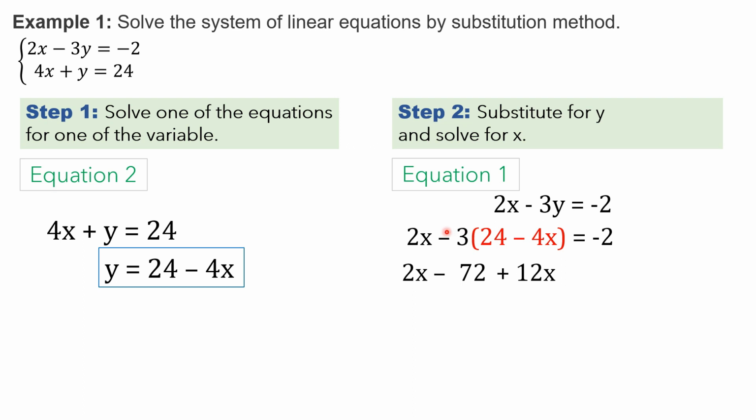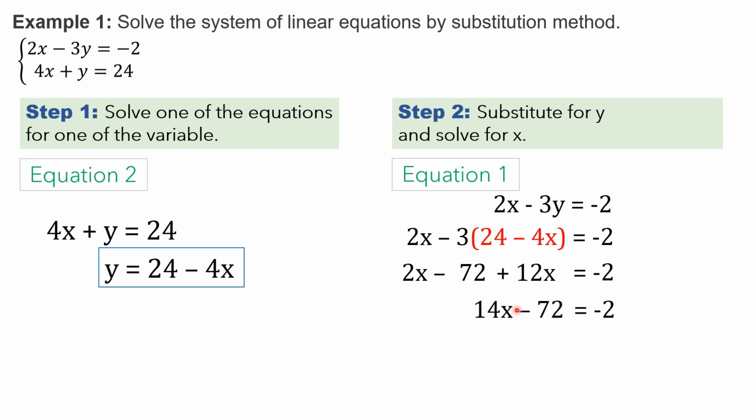Since they are both negative, it will become positive. After that, bring down negative 2. Then solve for x. Combine like terms. We have like terms here. Both of them have variable x, 2x and 12x. So 2x plus 12x will give us 14x. Bring down negative 72 and bring down equals negative 2.